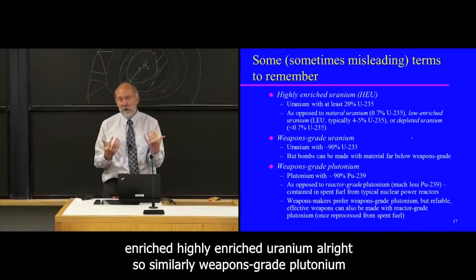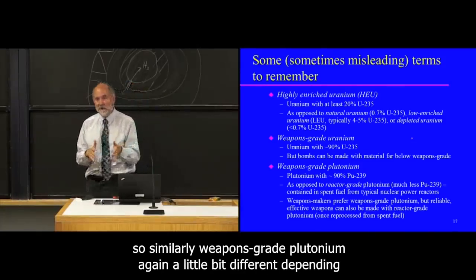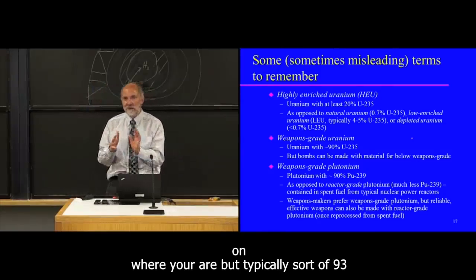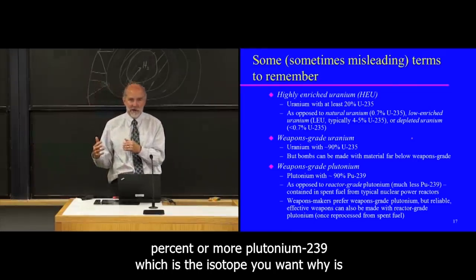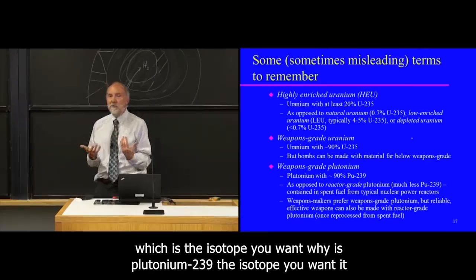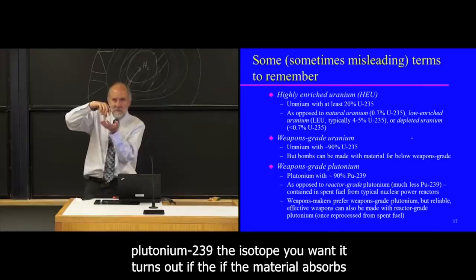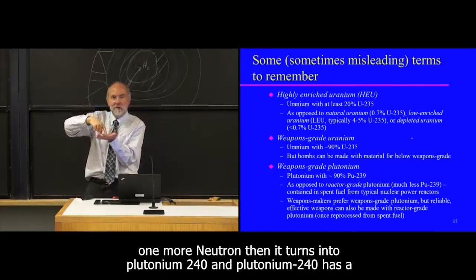All right, so similarly, weapons grade plutonium, again a little bit different depending on where you are, is typically 93% or more of plutonium-239, which is the isotope you want. Why is plutonium-239 the isotope you want? It turns out if the material absorbs one more neutron, then it turns into plutonium-240.